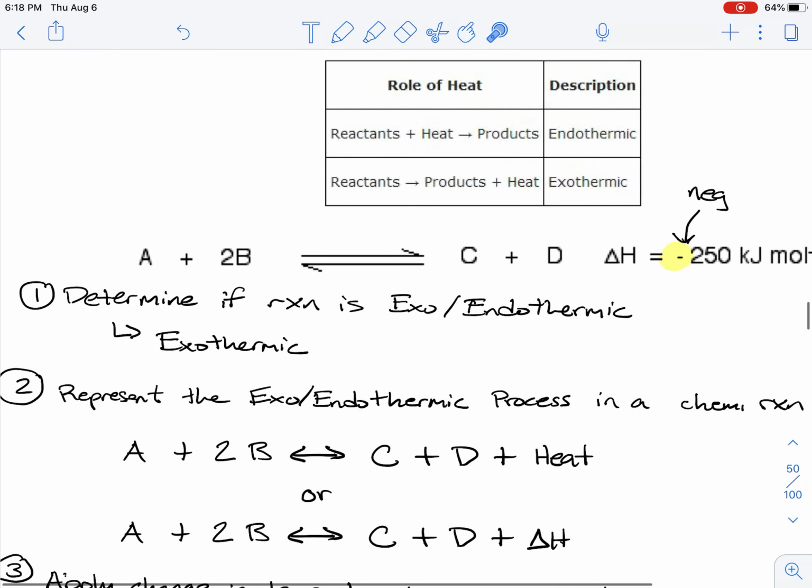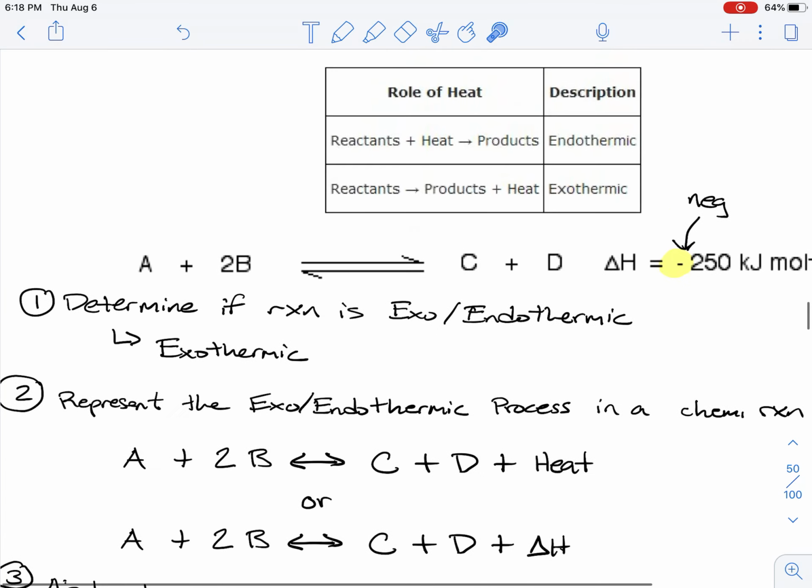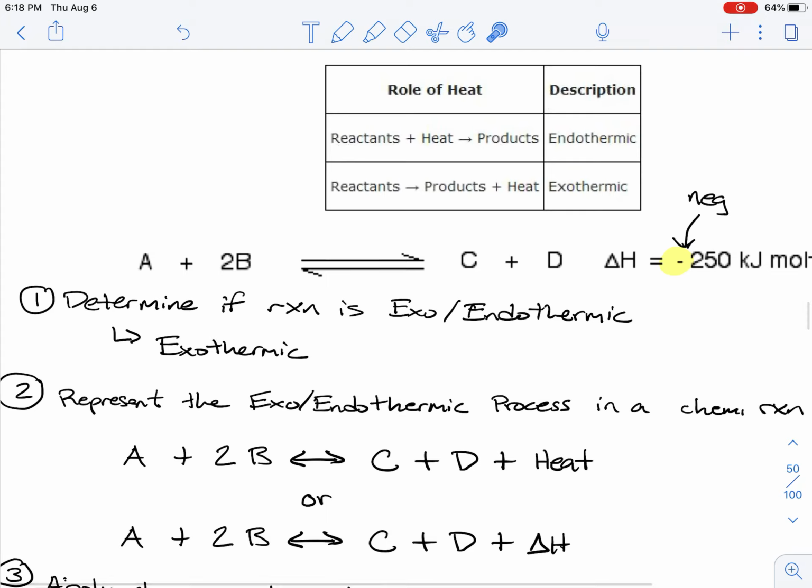And so since this is an exothermic process, we're going to represent heat in one of 2 ways in the chemical equation. We can literally just write the word heat, or we can use the symbol for enthalpy to represent heat. And so I'm just going to highlight exothermic just to be consistent with this example.